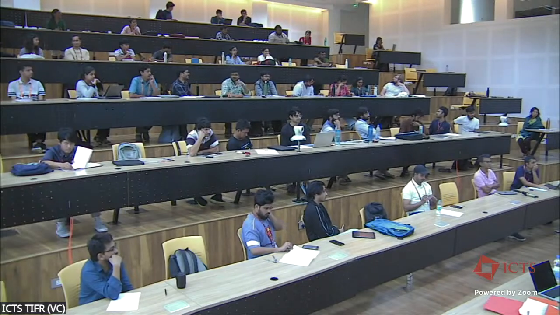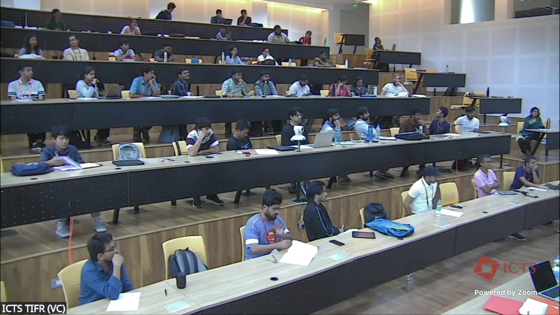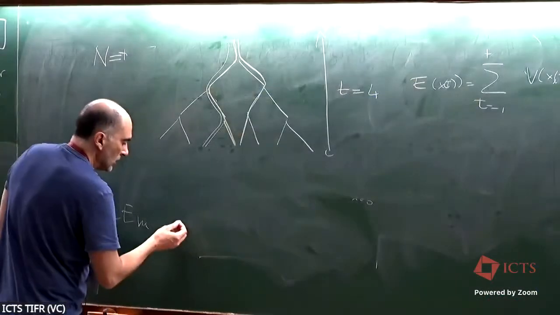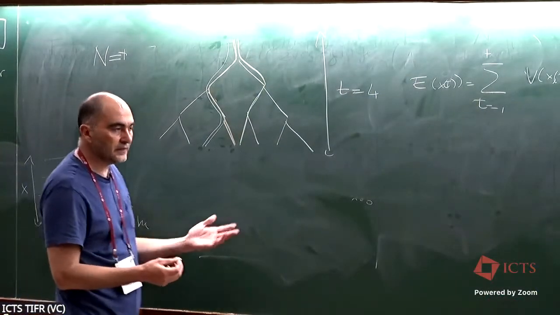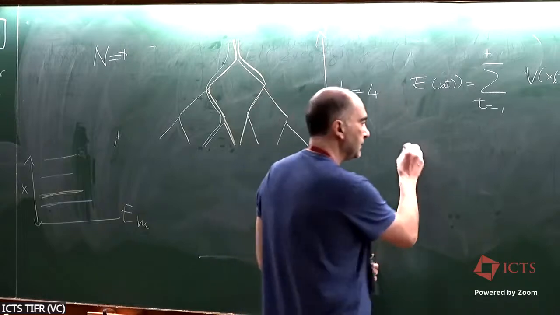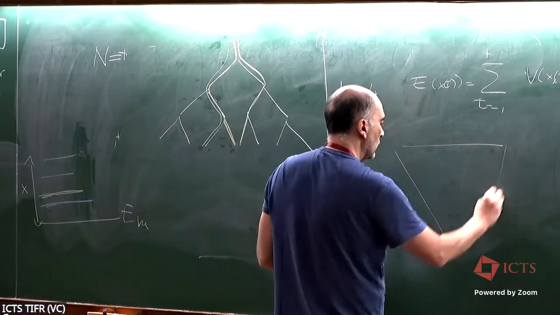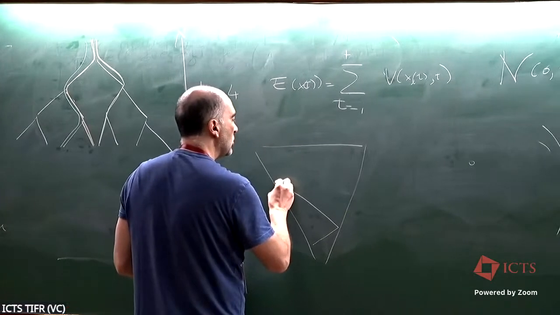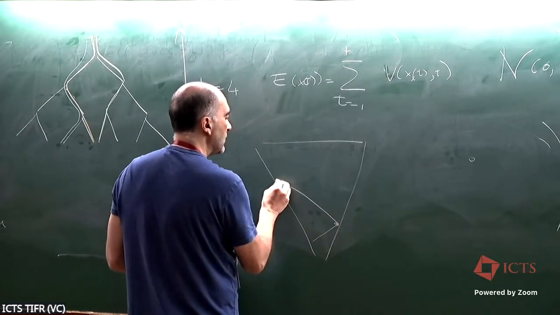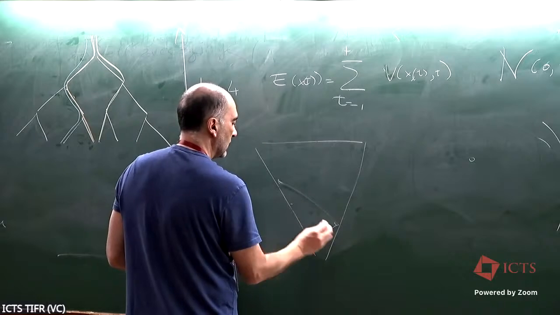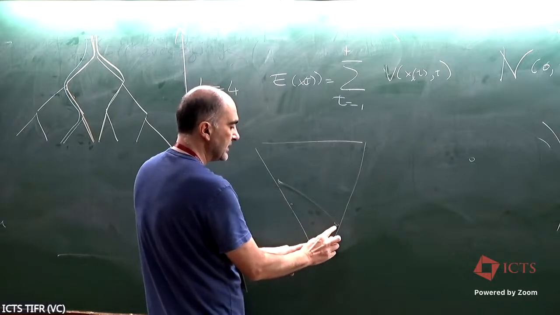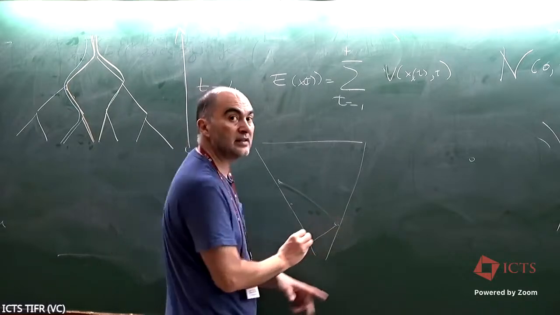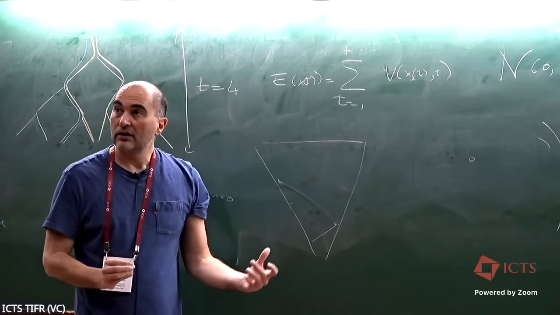So what the elastic term does is this: what if there was no elastic term? You would try to pick the most extreme value of V. Let's say at each time step, you would try to pick the smallest V, even if it's very far.